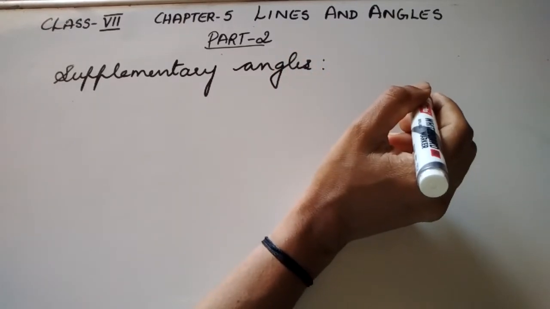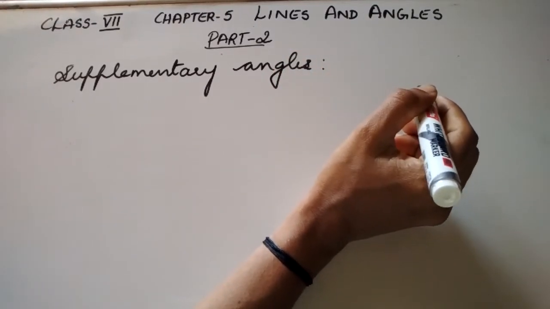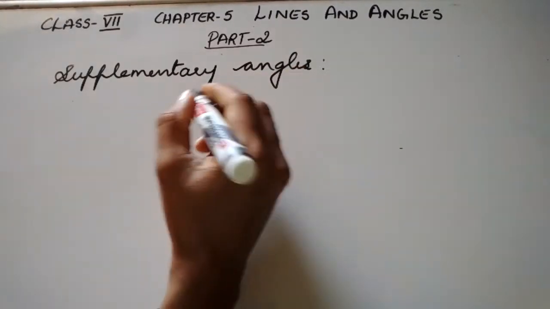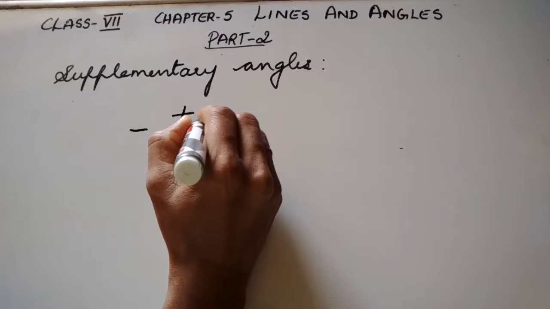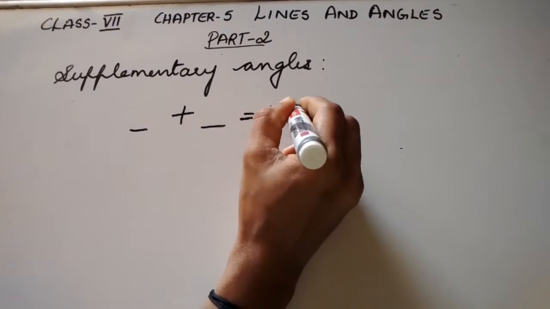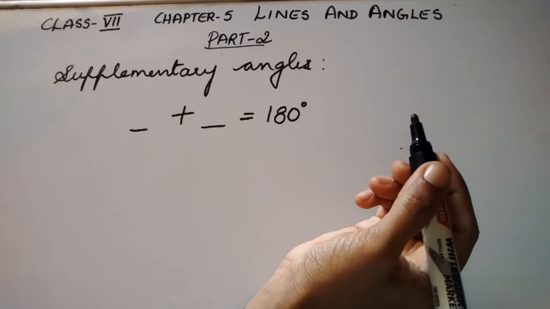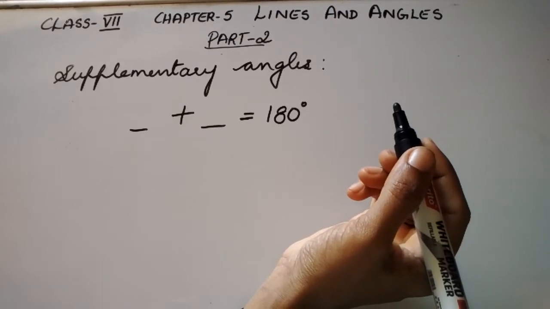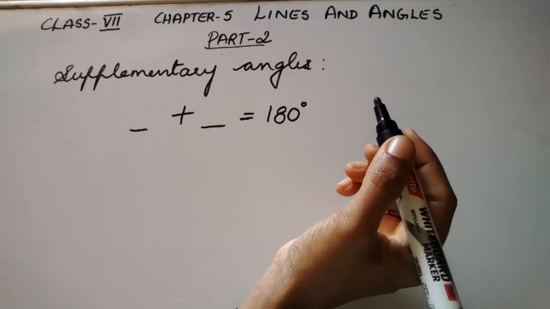Here, supplementary angles. When the sum of measures of two angles, if they sum up to 180 degree, the angles are called supplementary.